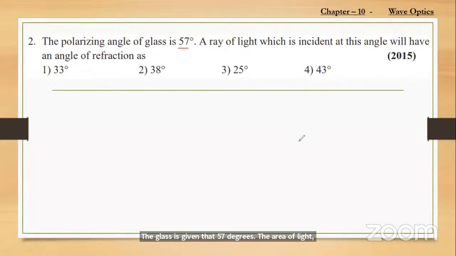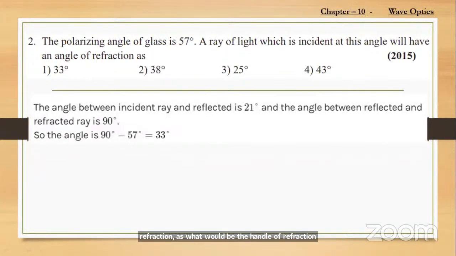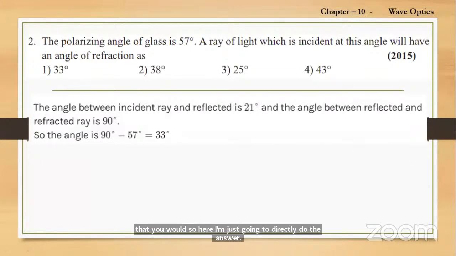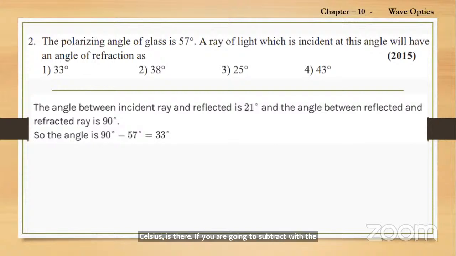The polarizing angle is the incident angle, 57 degrees. If you subtract it from 90 degrees, you get 33 degrees.